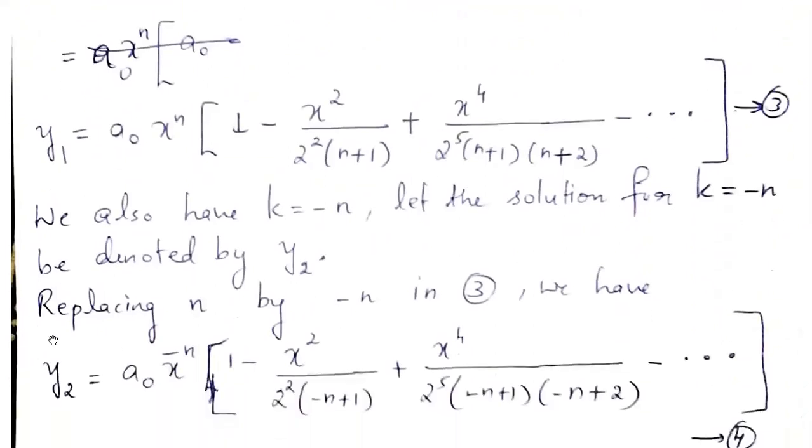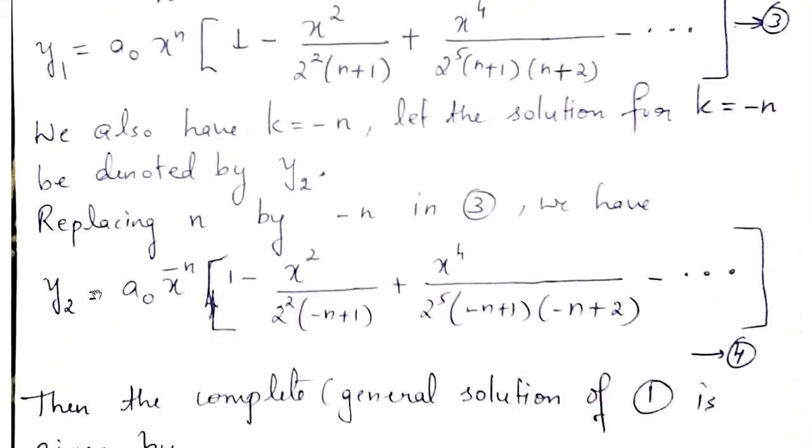Now in the beginning, as we have discussed earlier, there is one more value for k, that is k is equal to minus n. So for k is equal to minus n, let the solution be denoted by y2. You don't have to again calculate the value of y2 here. What we have to do is take this solution of y1 and replace every term containing n by minus n.